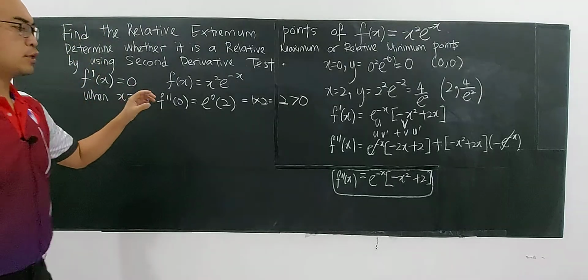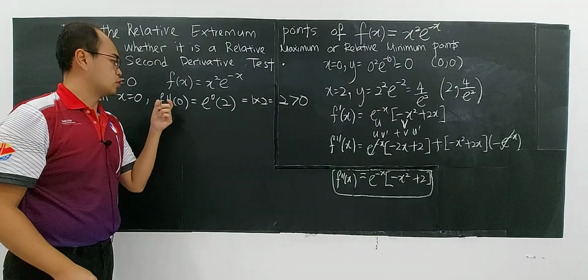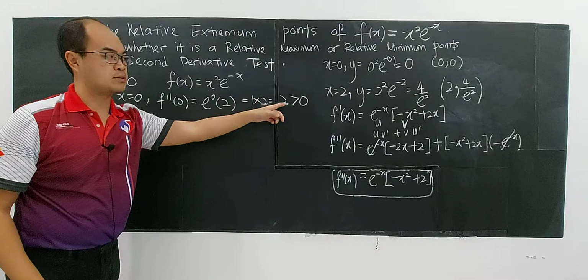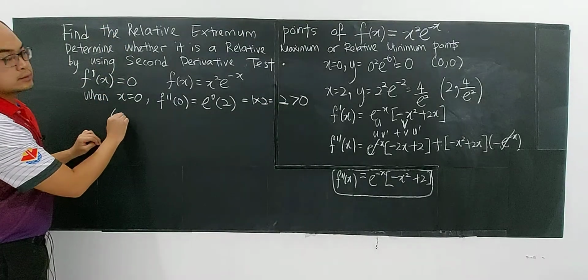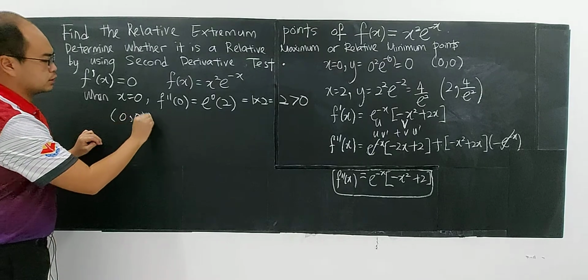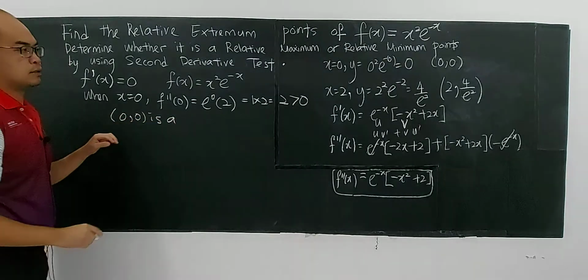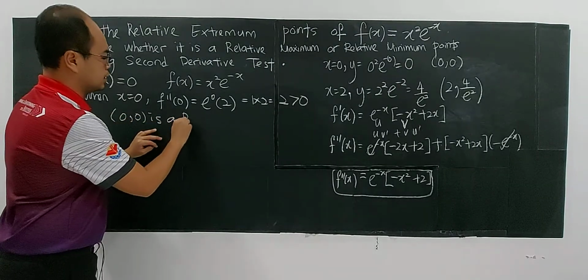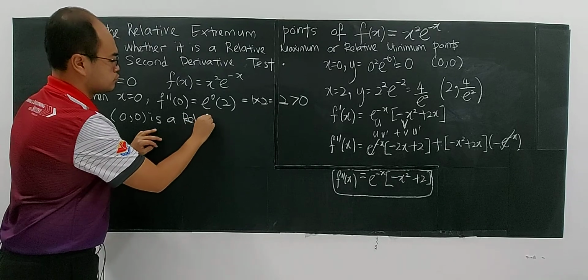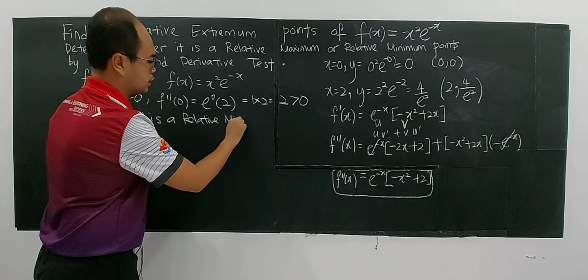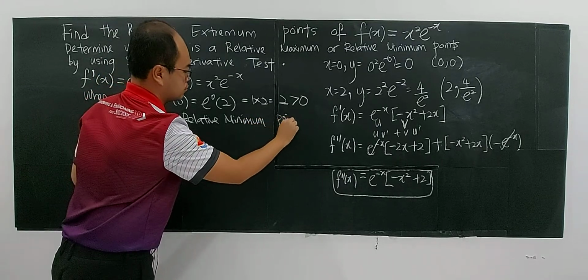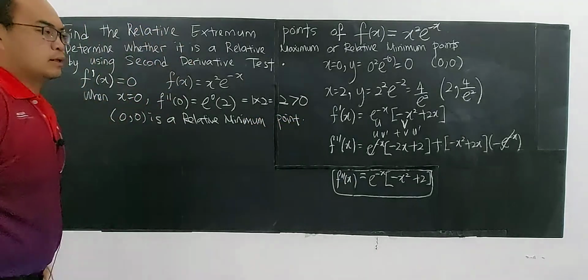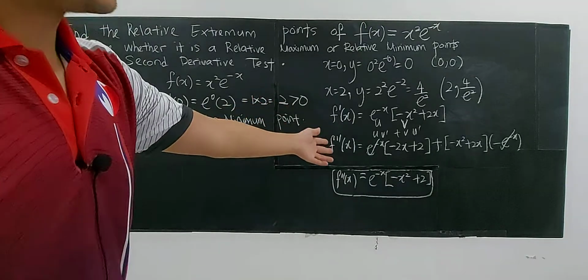Based on the second derivative test, if it gives you a positive number, then the origin (0, 0) is a local minimum point, a relative minimum point. All right.